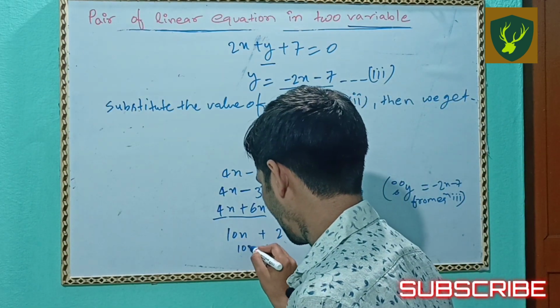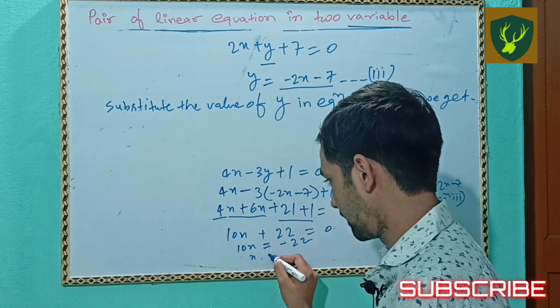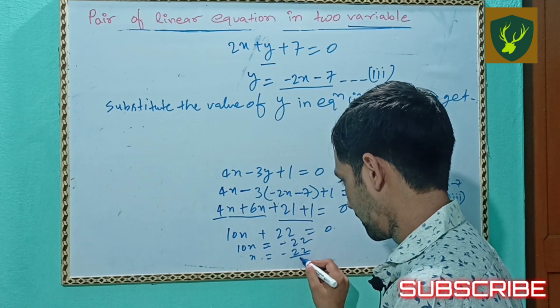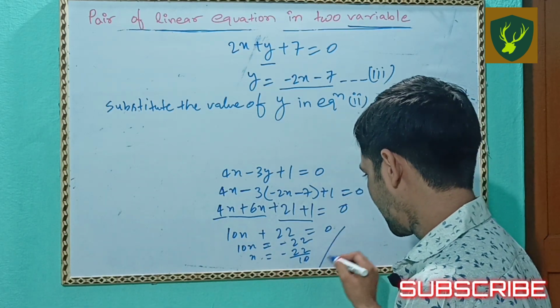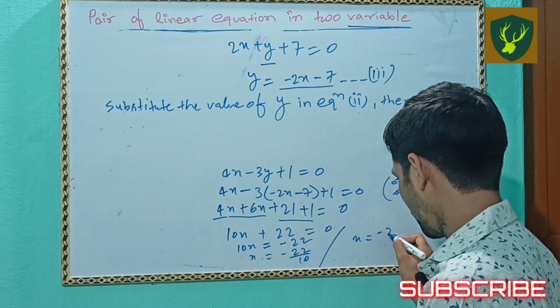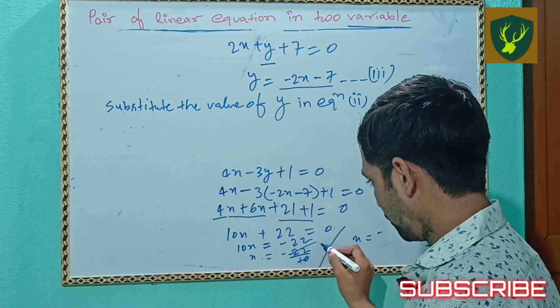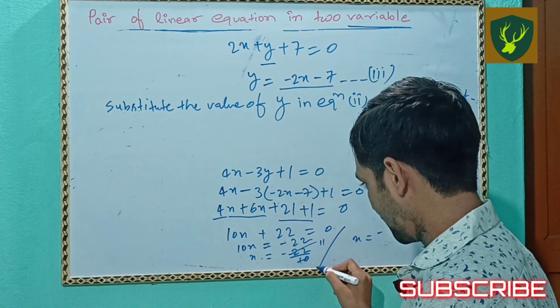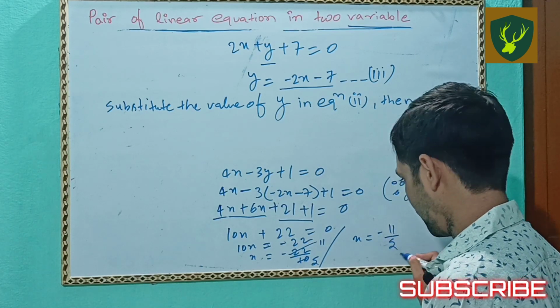Then 10x equal to minus 22 and x equal to minus 22 by 10. Here we have got the value of x, that is minus 22 by 10. In the simplest terms we can write it as 2 elevens are 22, 2 fives are 10. Okay, now we can write it as minus 11 by 5.